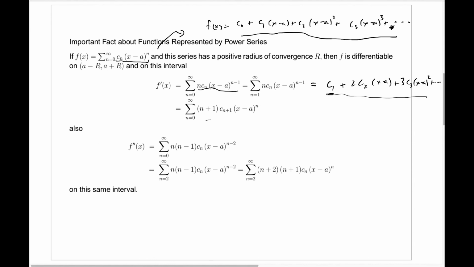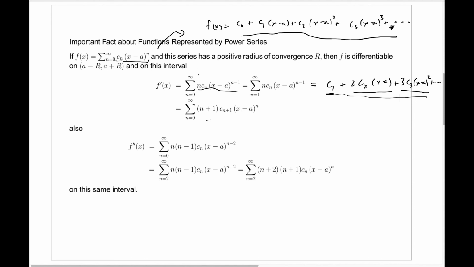That's exactly this term, c sub 1. When n equals 1, we get this term, 2c sub 2, x minus a. When n equals 2, we get this term, etc. We get the exact same terms. Make sure you convince yourself we get the same terms here and here. So this shows you how you can legitimately shift the index on your power series without changing what that series is.